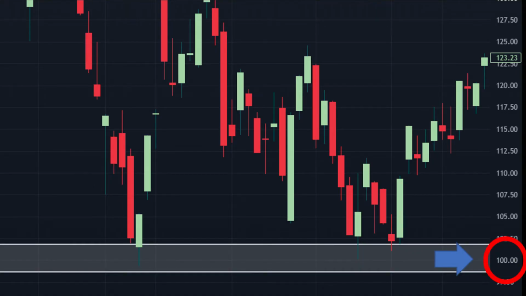Psychological levels. So what's a psychological level? These are nice round numbers, right? Like $1, $10, $15, $20, $50, $100, $150. So when you get support and resistance at one of these psychological levels, call it $100, it can act as a very sticky level and create strong support that holds up.